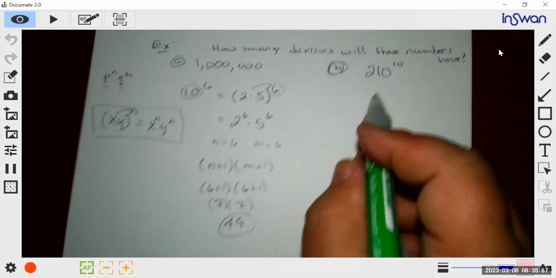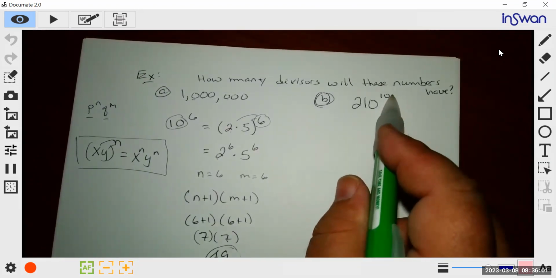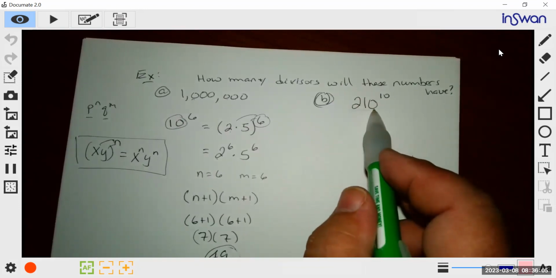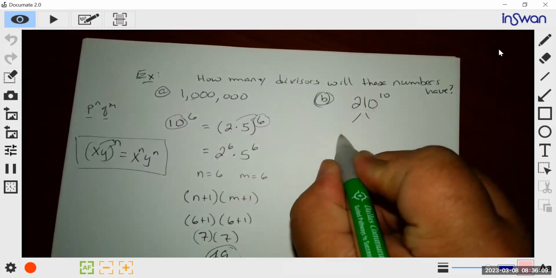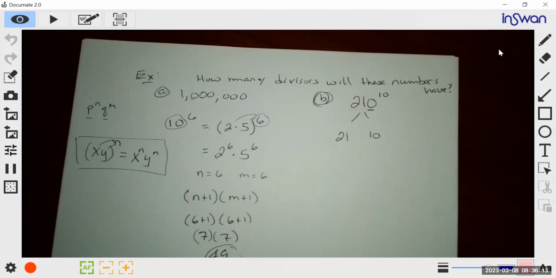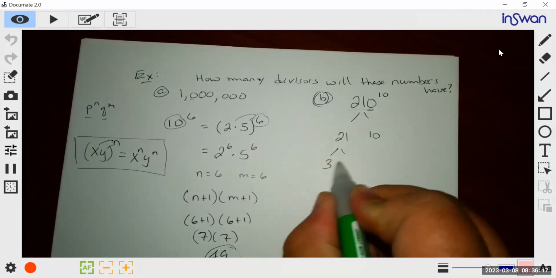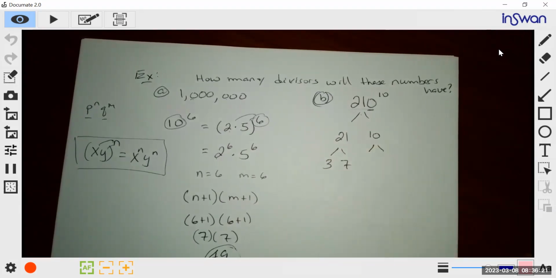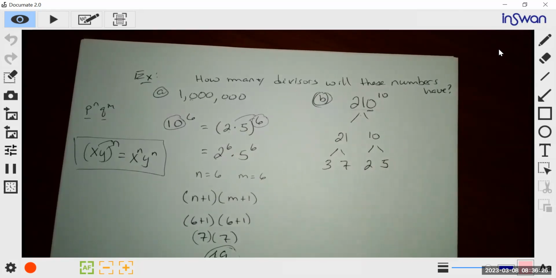Okay, let's look at the next one. 210 to the power 10. 210 is not a prime number because it ends in a 0. So we know that 210 can break down into 21 times 10. 21 breaks down to 3 times 7, and 10 breaks down to 2 times 5.